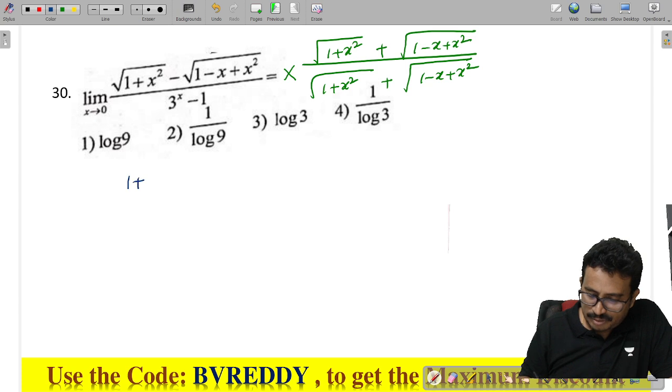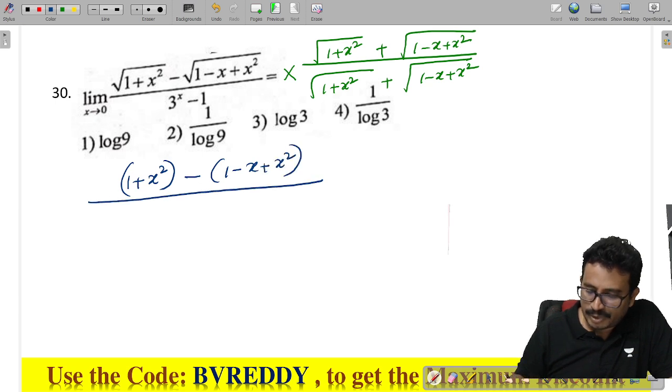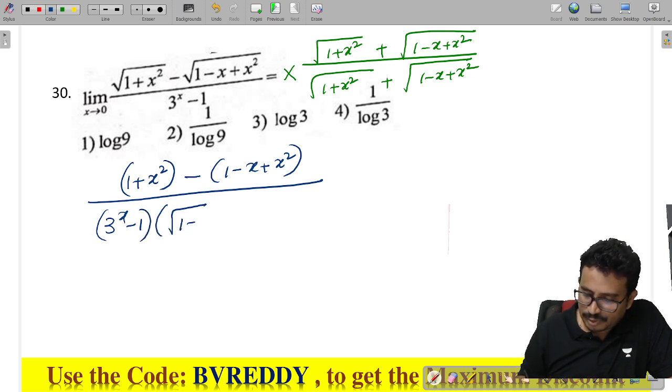Now what do we get in the numerator? 1 plus x square minus 1 minus x plus x square, over 3x minus 1, into square root of 1 plus x square plus square root of 1 minus x plus x square.